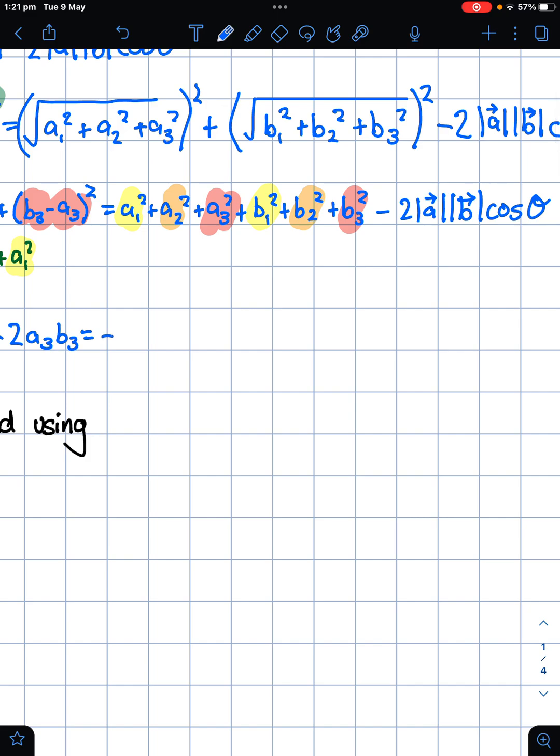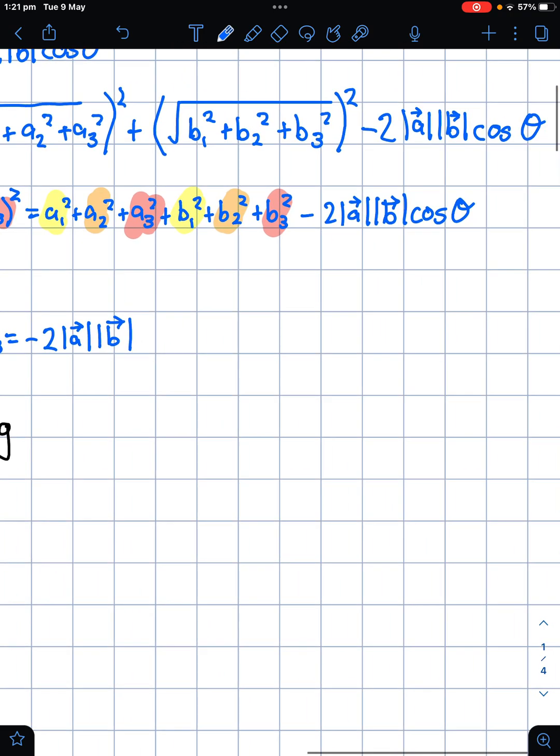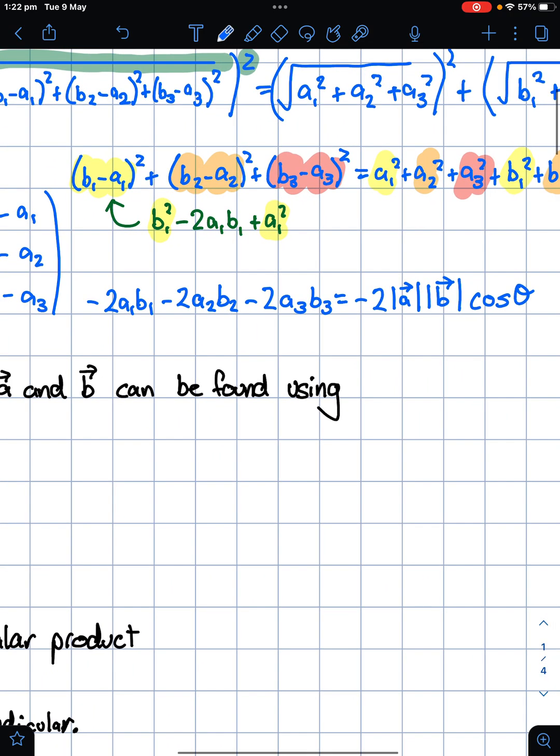And this is all going to equal negative 2|a||b| cosine theta. Now, if I multiply both sides by negative, I'm going to get rid of the negative 2 and all these negative 2s. Everything becomes positive, all right? And then if I factorise out a 2, or actually no, let's divide both sides by negative 2.